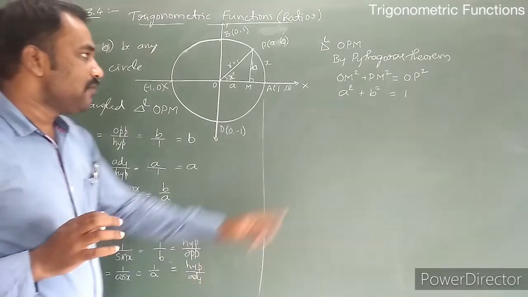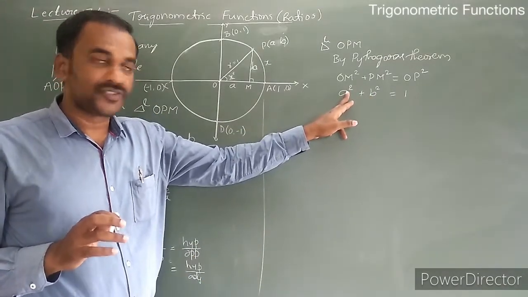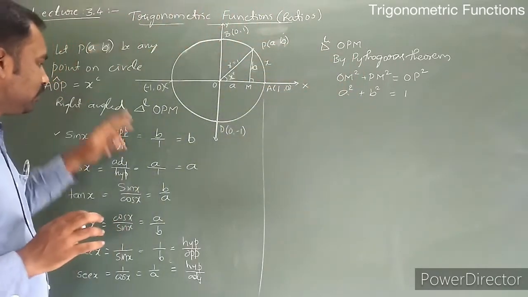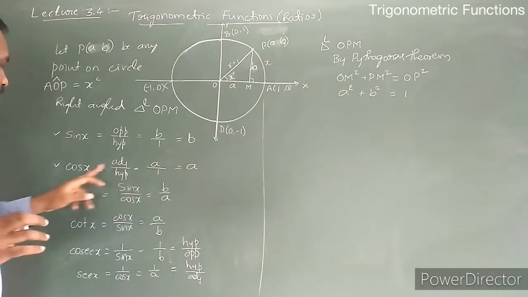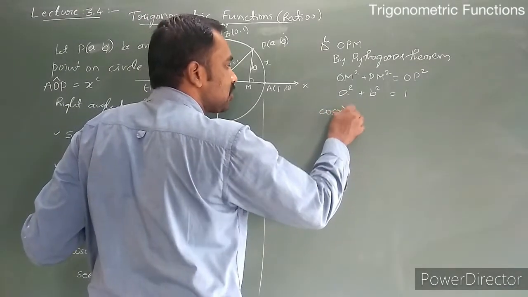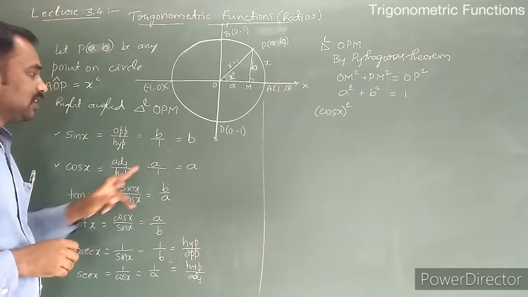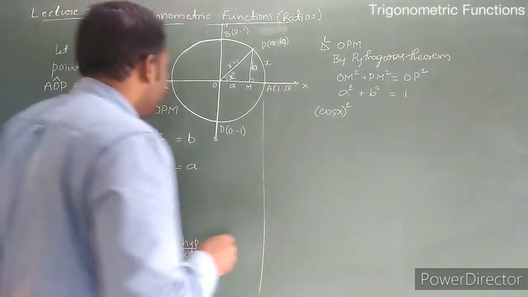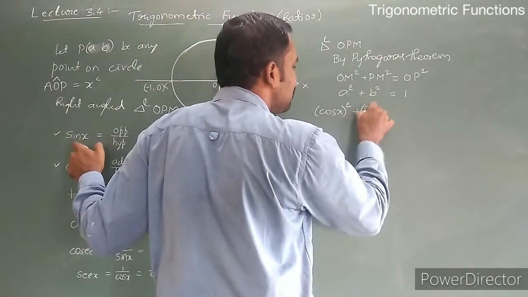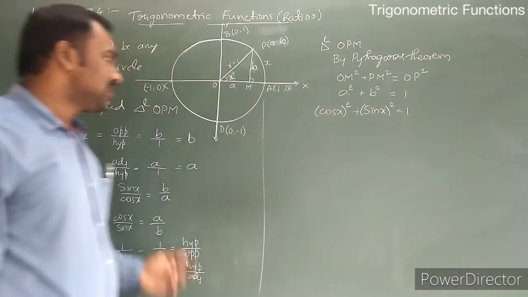Here we already know the A and B values in terms of trigonometric ratios. What is the A value? A value is cos x. Replace it: cos of x whole square. Similarly, what is the B value? B value is sin x, so sin of x whole square is equal to 1. That's it.